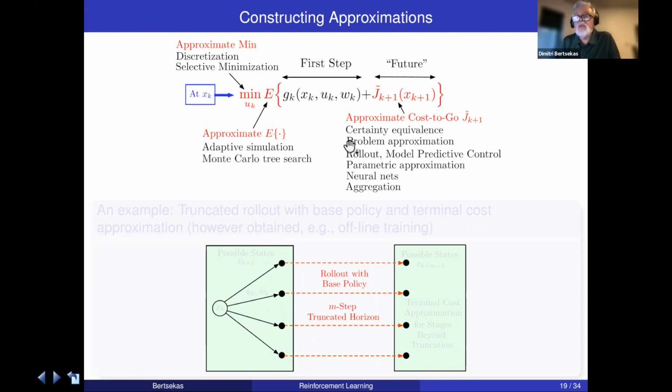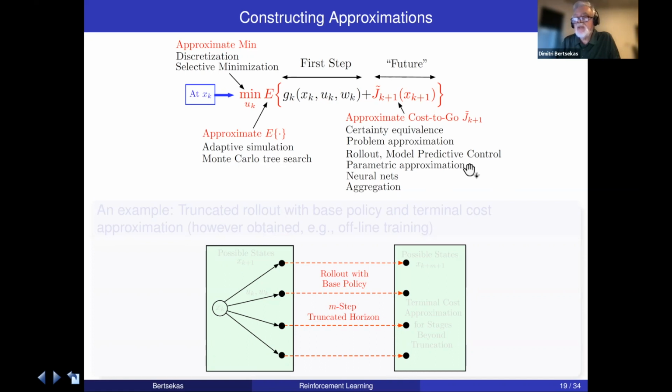Another possibility is problem approximation. Replace J star by the optimal cost of a simpler problem and use this as J tilde. Rollout is one possibility, an extension of the deterministic rollout that I gave previously in deterministic problems. Model predictive control can also be fruitfully viewed in the context of rollout.